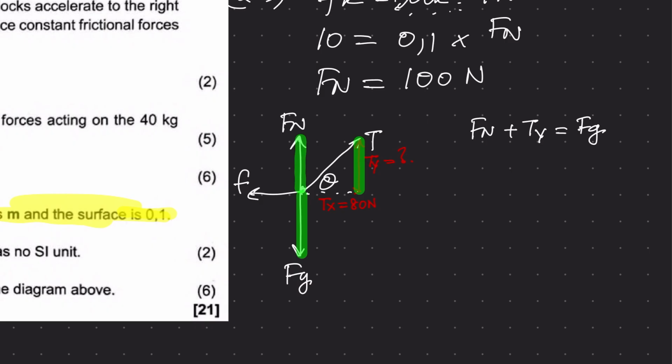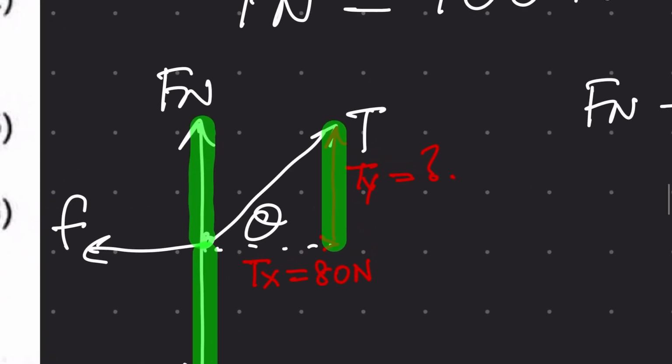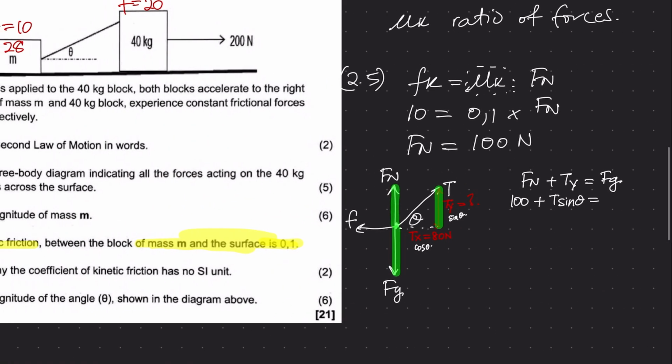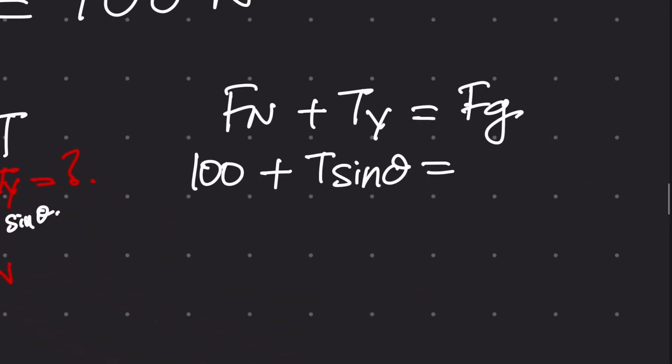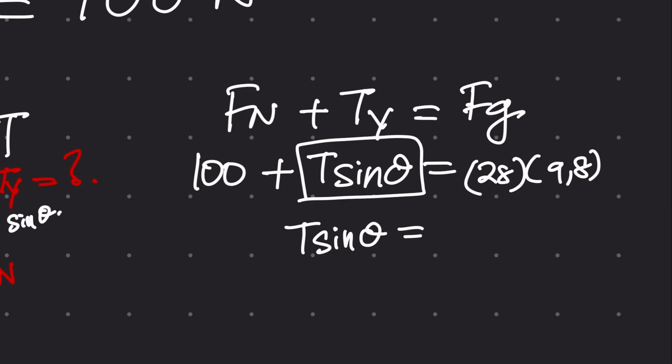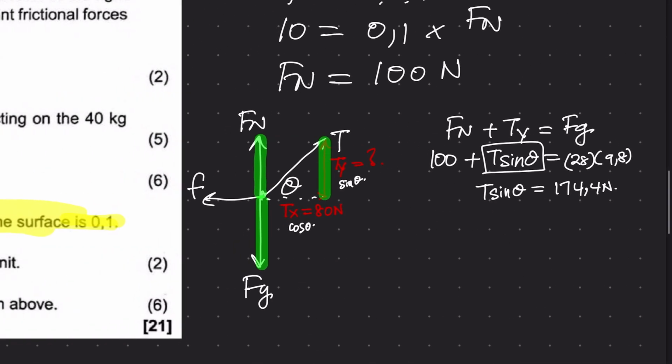Now we can do a calculation. If the x component was cos theta, this y component will be sine theta. So we can say that 100 plus T sine theta equals mg. We know the mass. The mass was 28. So 28 multiplied by 9,8. And now we can solve for this value. So T sine theta is equal to 174,4 newtons. And what do we do from here?